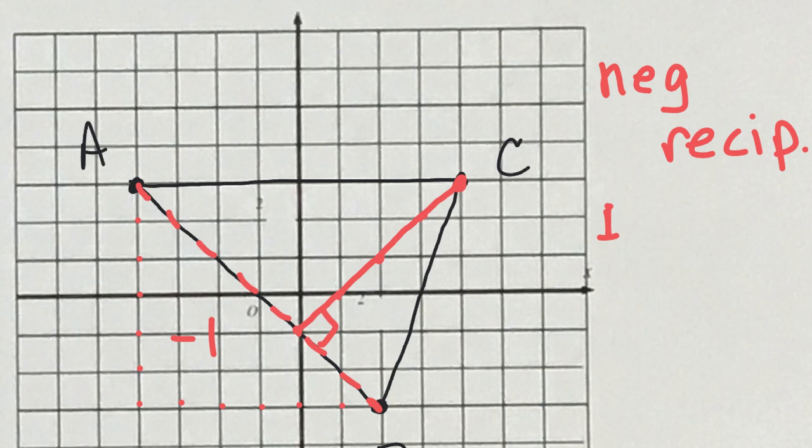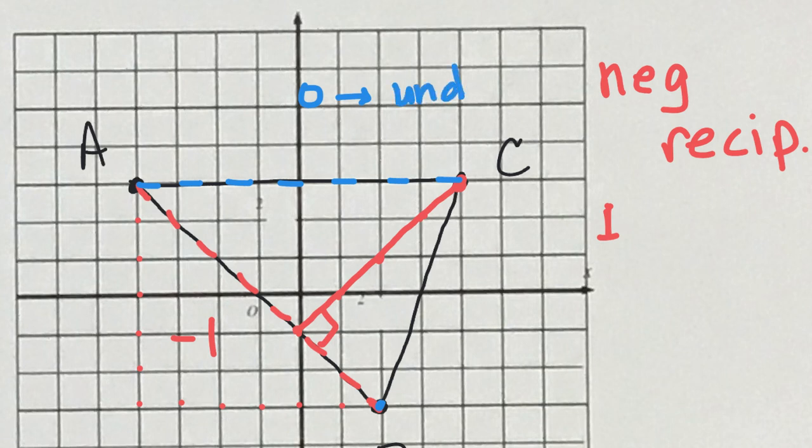Okay, let's look at the altitude from point B. So what is the slope of the line here, AC? What is the slope of this line? Hopefully you know it's 0, right? That's a 0 slope, the horizontal line. So which is a slope that is perpendicular to 0?